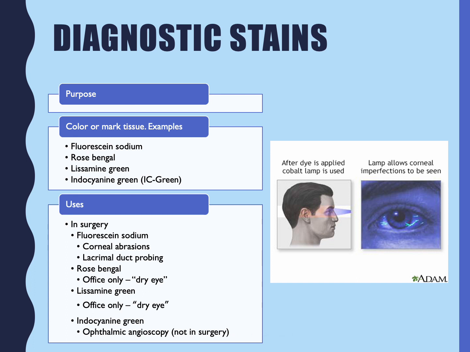Lastly, the final class of ophthalmic agents is diagnostic stains. Stains are commonly referred to as dyes, and they are used to mark tissue, and they also serve as a diagnostic tool in ophthalmology. There are several agents that are available for diagnostic use, and some of those examples are fluorescein, rose bengal, lissamine green, and indocyanine green.